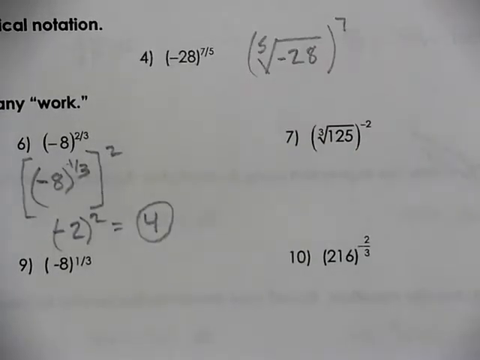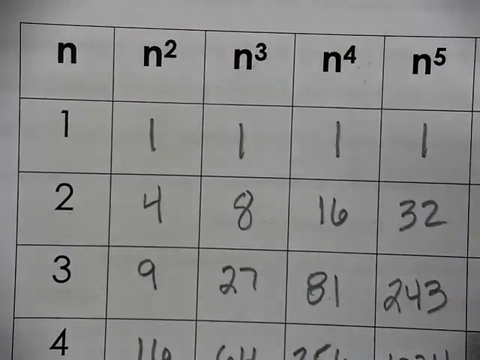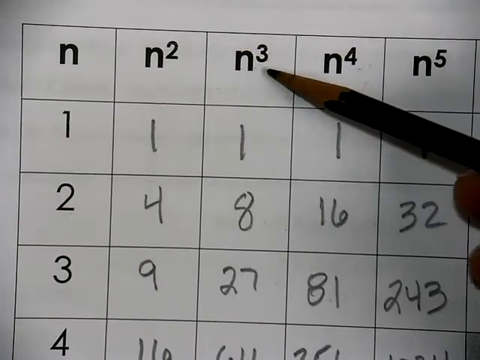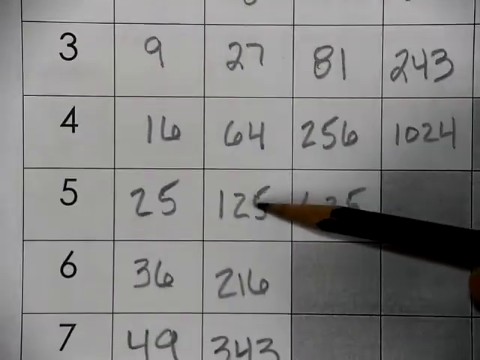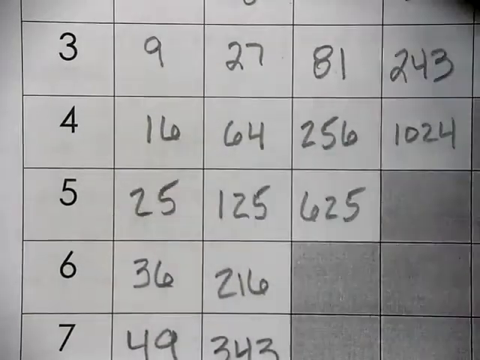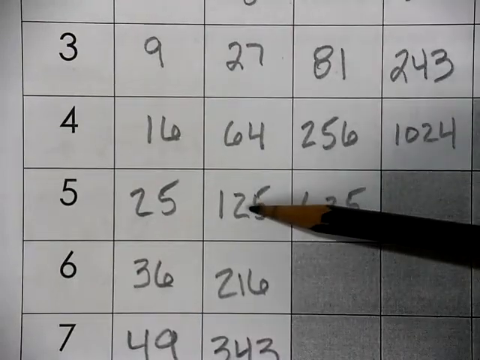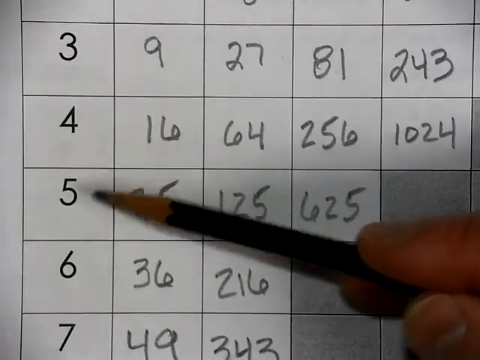The cube root of 125, using our table of powers, we look under the cube and work backwards to figure out the cube root of 125 is 5.